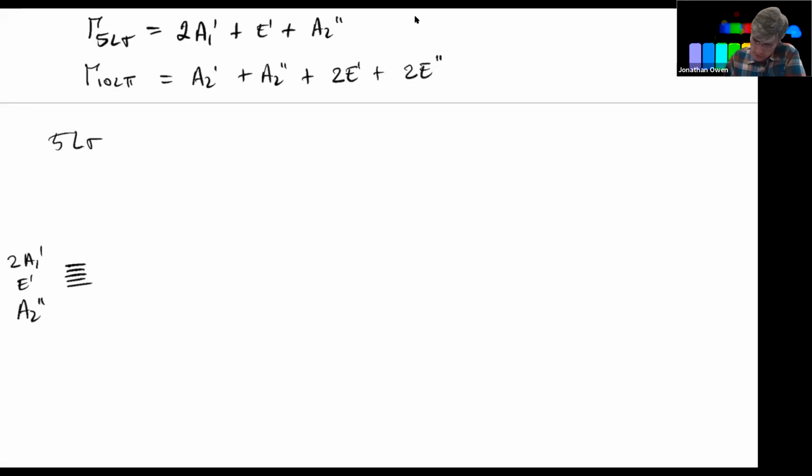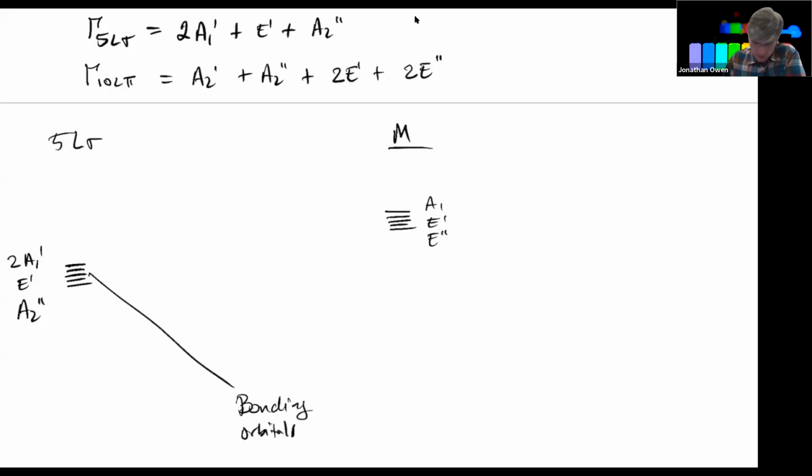Those sigma orbitals are going to mix with the metal here, which has 1, 2, 3, 4, 5 d orbitals. They are A1 prime, E prime, and E double prime. And we're going to get some bonding. And there's no E double prime, so there's one that's non-bonding.